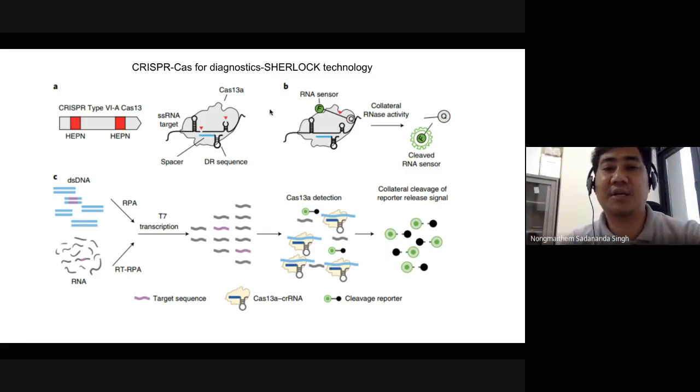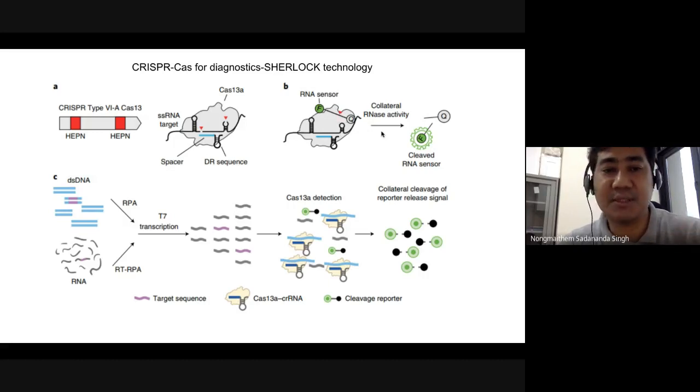Okay, so what does it mean? If the Cas13 finds a target with the guide RNA or crRNA we talk about, then there is a conformational change in the Cas13 in such a way that it can even cleave neighboring RNAs. So not only the target RNA, it can cleave the neighboring RNAs.